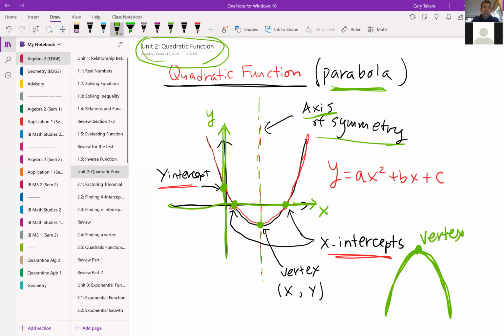So essentially, for the next 2 weeks, our goal is to find those locations: x-intercepts, y-intercept, vertex, axis of symmetry. Okay. And so I would like you to write down this overall picture. This is our goal for this whole unit. Okay. So please write this down in your notes.